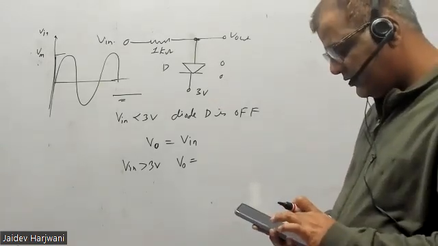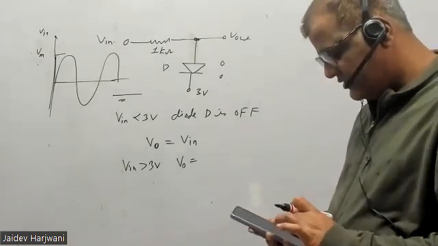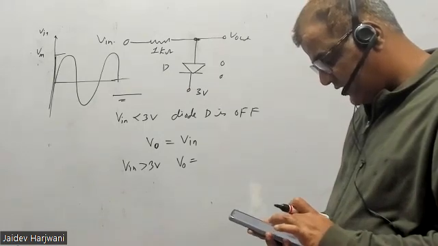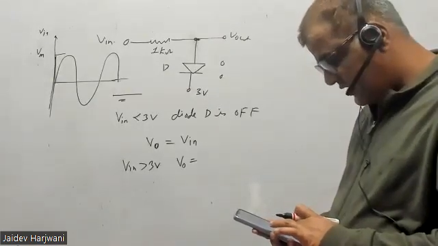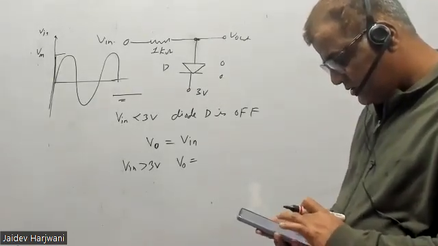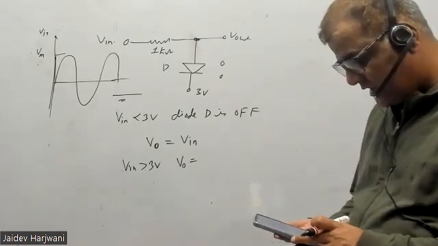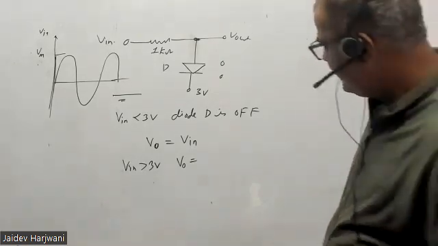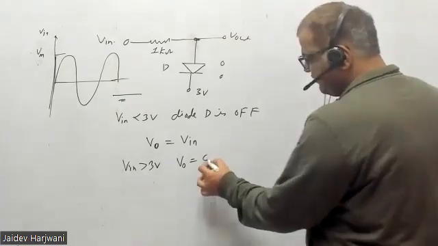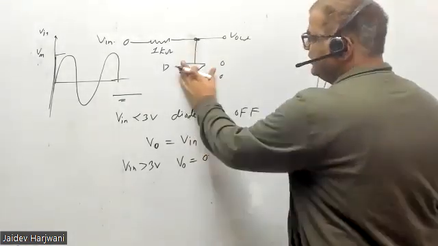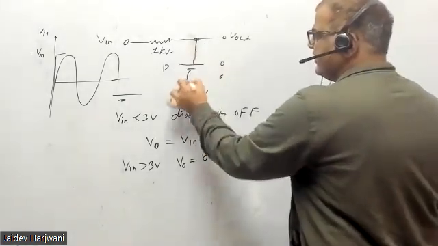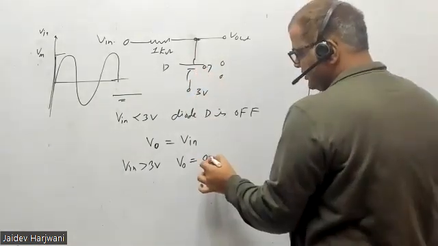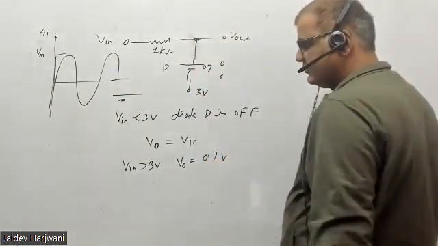And this is a silicon diode, judging by how the question is given. So that will become 0.7 volt, because once this is on, you can always replace it by a battery of 0.7 volt.